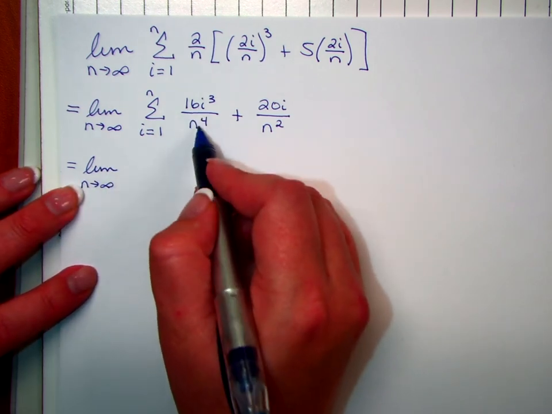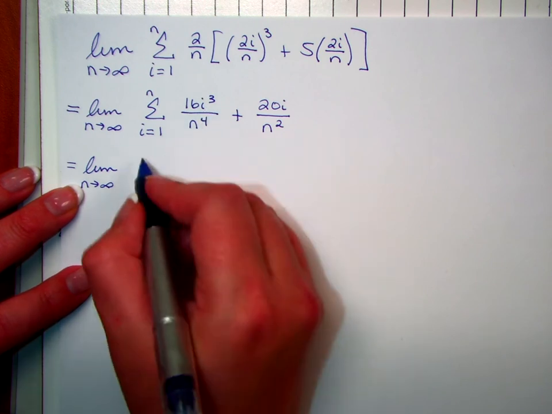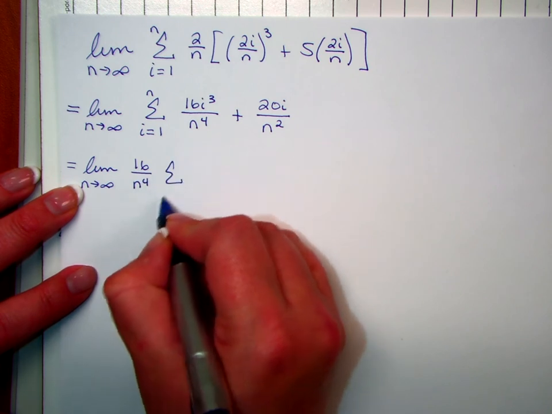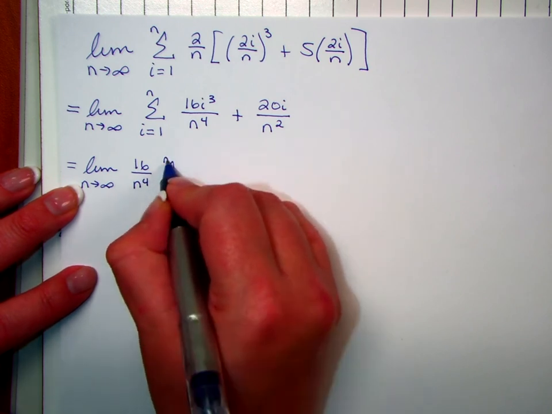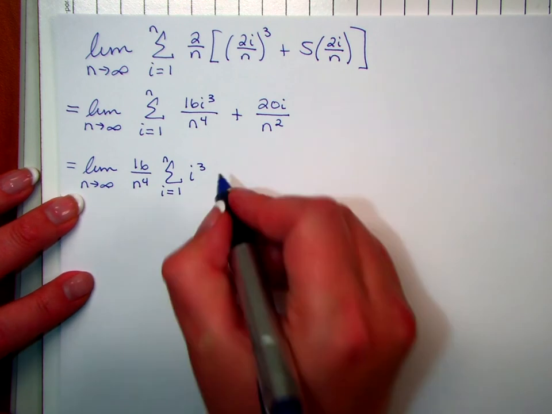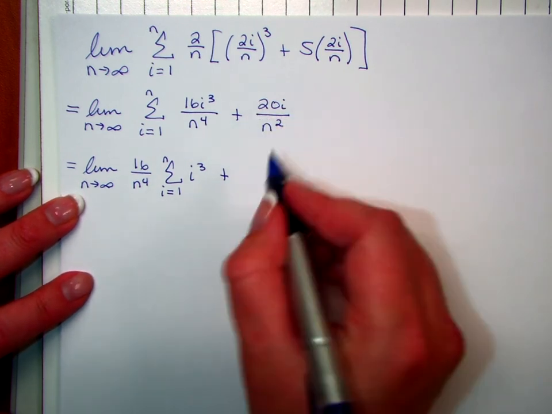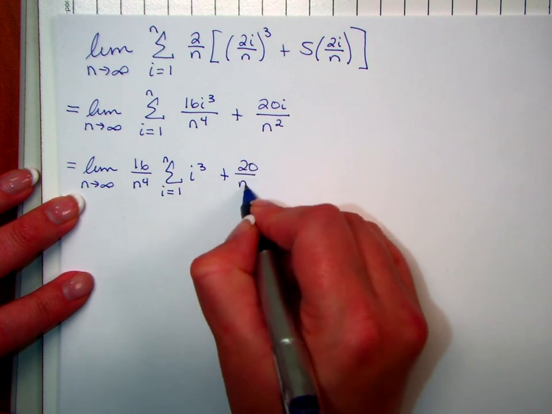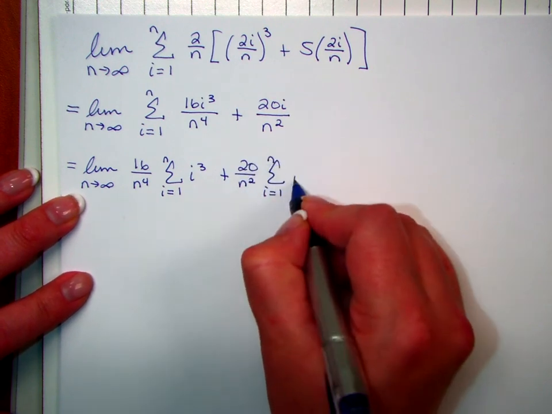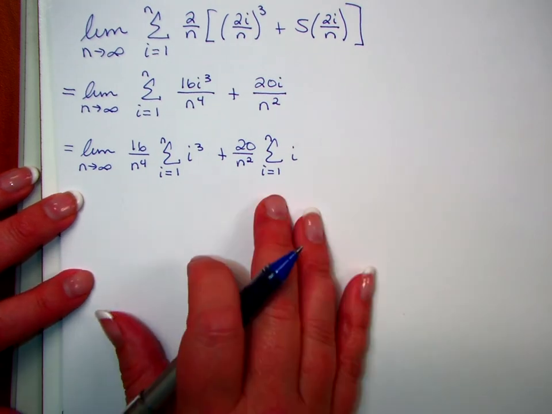The first constant, I cubed stays after the summation. 16 over n to the 4th is considered a constant, because it doesn't have an i in it. Plus, here the i is going to stay after the summation. 20 over n squared is considered a constant. All right, so after I separate those constants out, this is what I got.